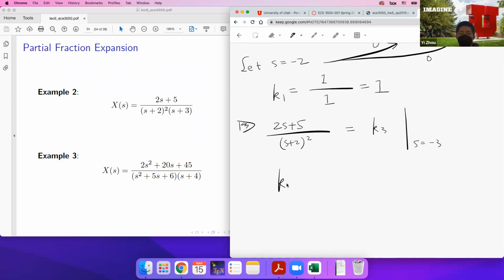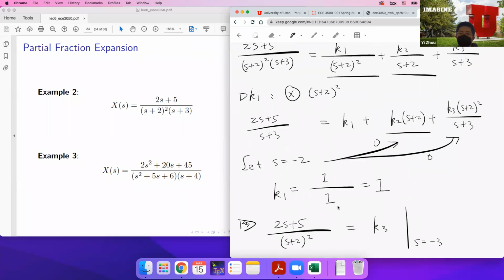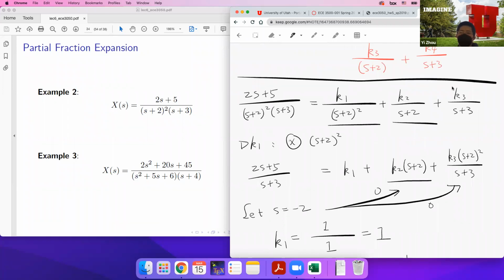So this gives us k3 equals -1 over 1, which is -1. Okay, so this is 1, this is -1. And then you can go back and solve for k2.